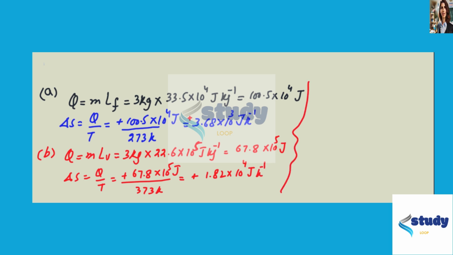Now by comparing the two changes in entropy in part A and part B, it is clear that the change in entropy in part B is more than the change in entropy in part A. As change in entropy is directly proportional to the disorderness, we can say the larger the change in entropy, the more will be the disorderness.